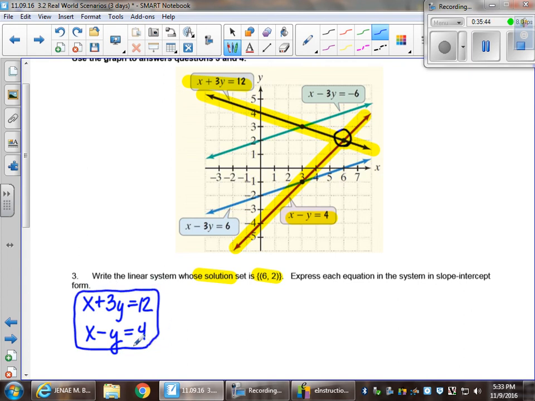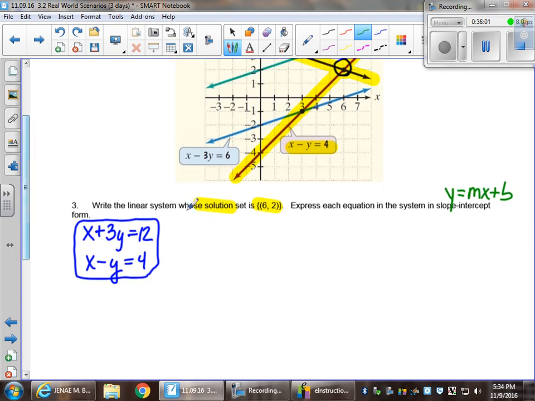Well, when I look, it says express each equation in the system in slope-intercept form. Prior knowledge, slope-intercept form is y equals mx plus b. Do we have y equals mx plus b here? No. So we have a little work to do, but this is fine. We've done this before. No worries. So I take x plus 3y equals 12, line down the equal sign.